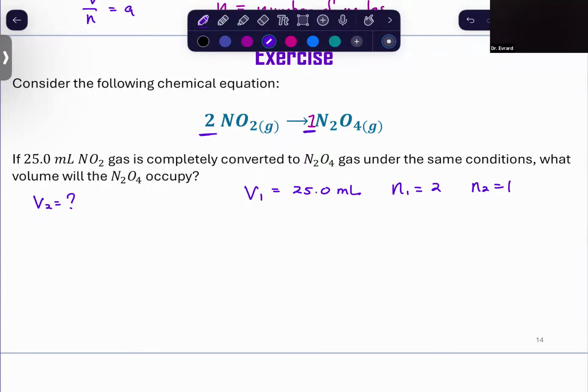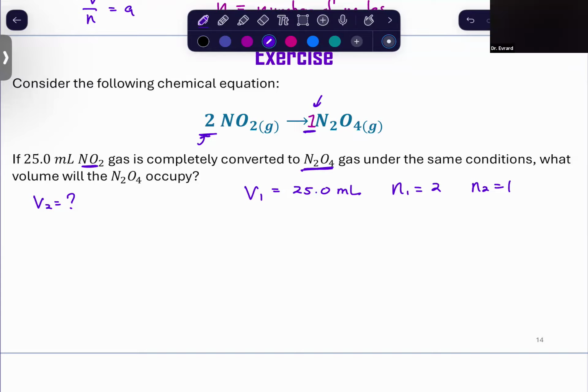Those are going to be my numbers for my moles. And the way I line them up, so if V1 is 25 milliliters, N1 has to be the moles of NO2 or the 2. So that means V2 is for N2O4, and so N2 is going to be the 1 mole. And that's the thing with your stoichiometry. NO2 to N2O4 is a 2 to 1 molar ratio.